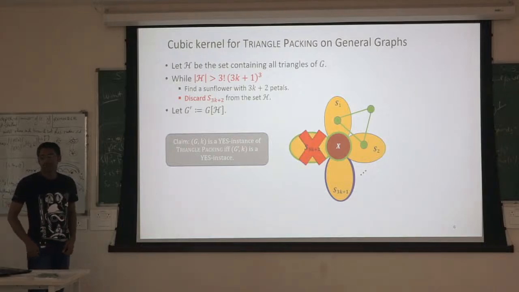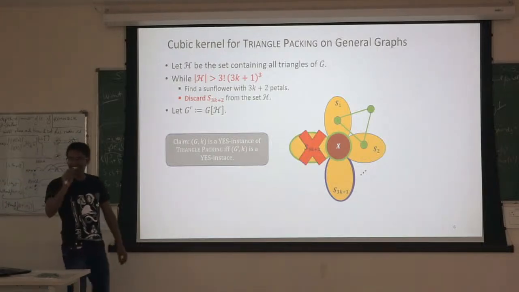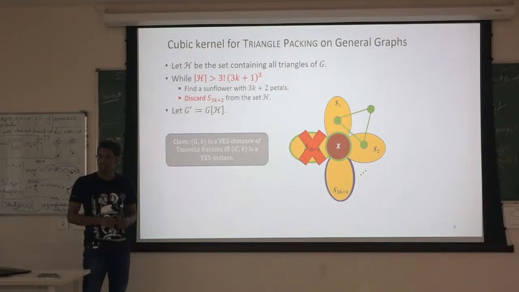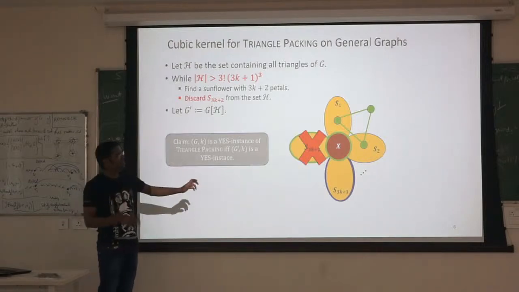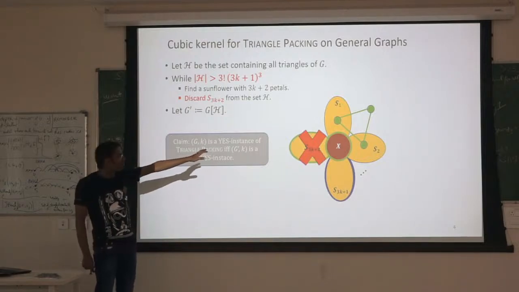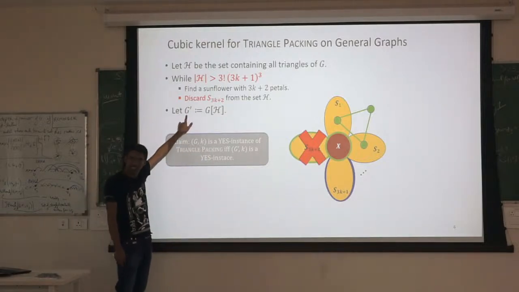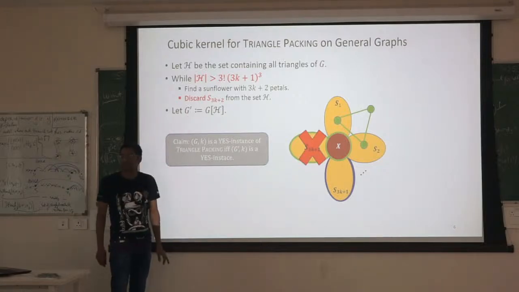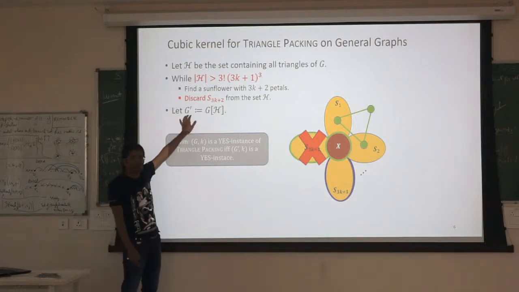If it's still unclear, let's discuss this probably during lunch, because this is the crucial fact of the kernelization algorithm. I mean, this uses the existential thing. All you are ensuring is that if you have a solution of size k in the original graph, you have a solution of size k in the reduced graph. We do not guarantee how to find it, because for NP-complete problems you can't guarantee that.